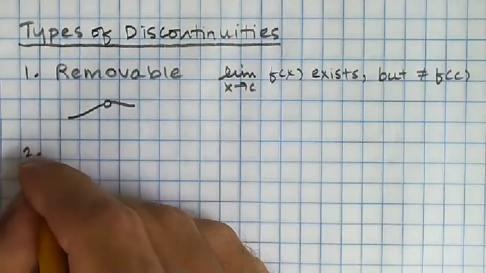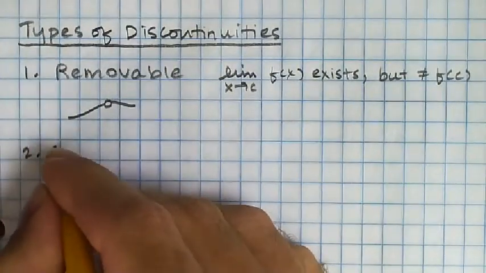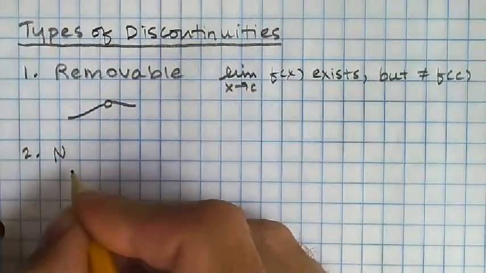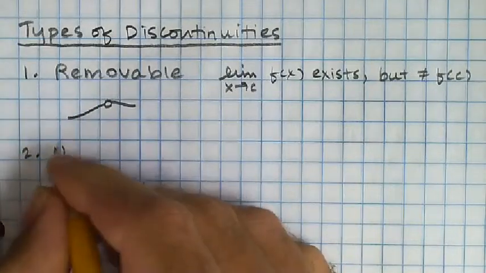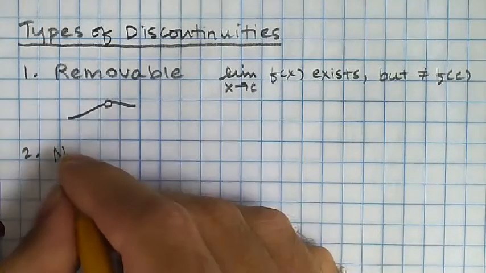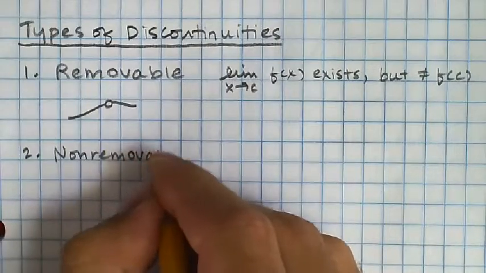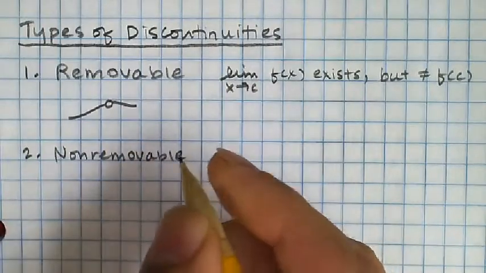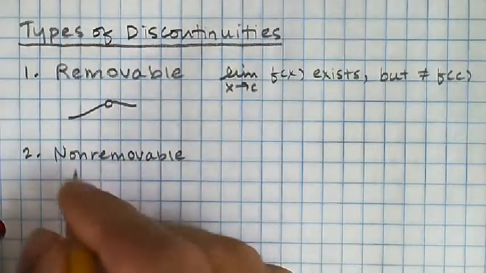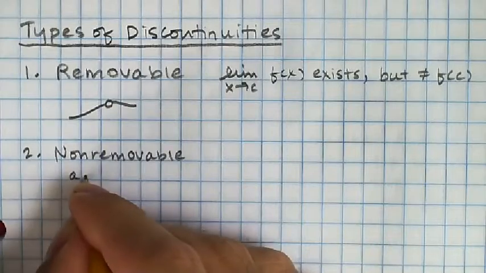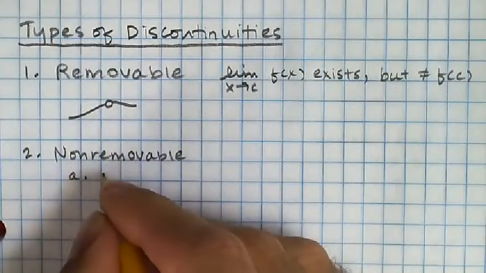Okay, and then there's non-removable, and that can kind of get broken down into a couple of different cases, right? Because we have at least 2 types. Okay, first would be because of a vertical asymptote.